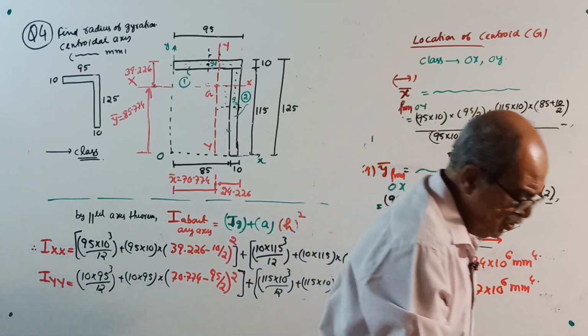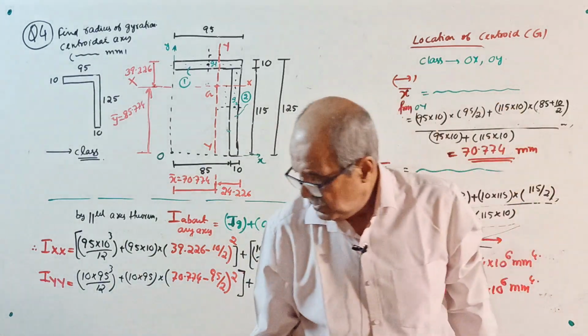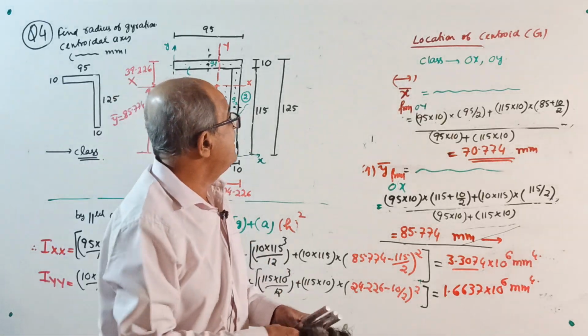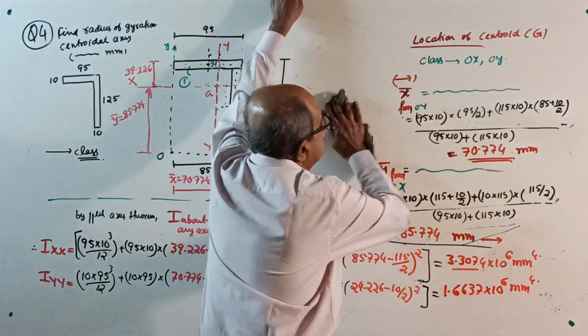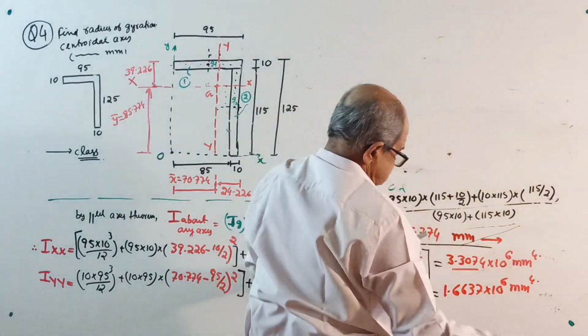Now, the closing part. The question is not the moment of inertia. The question is to find the radius of gyration. Now do one thing: find the radius of gyration. This I will remove. So, write as usual.